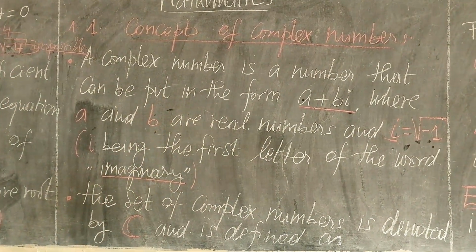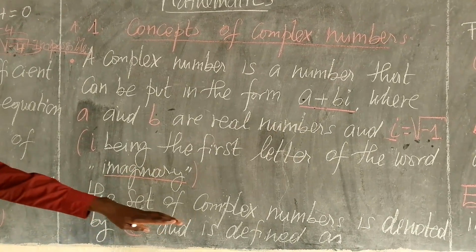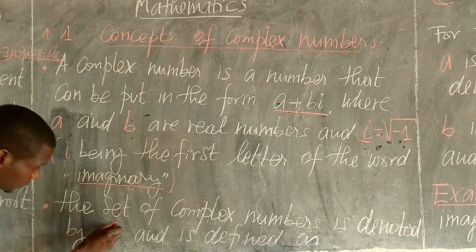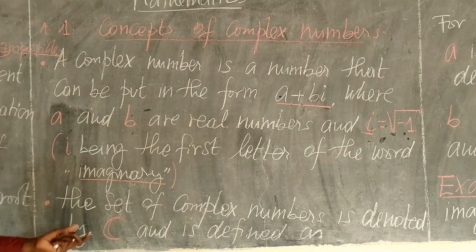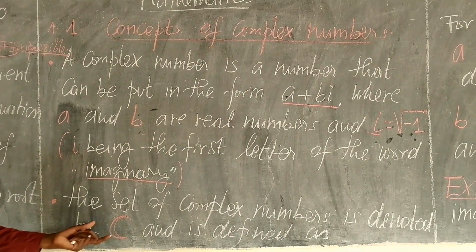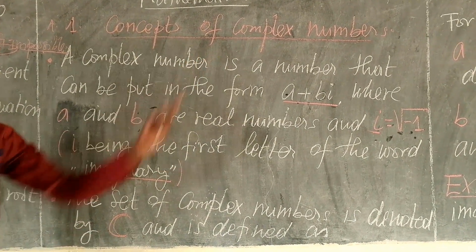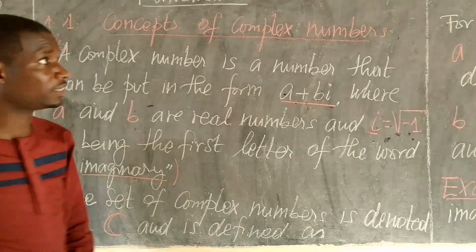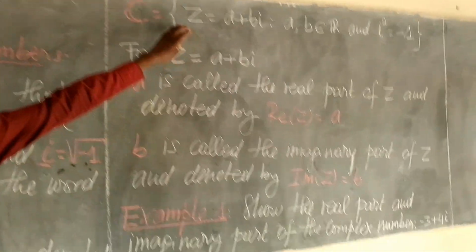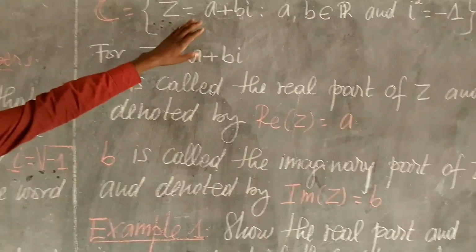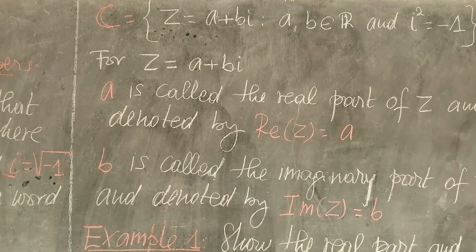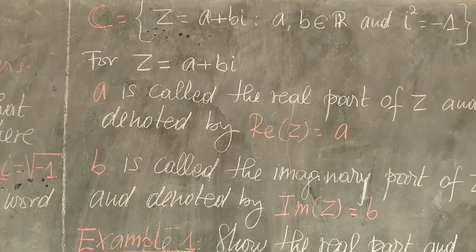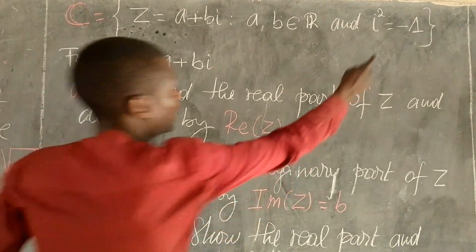The set of complex numbers is denoted by this symbol and is defined like this: z equals a plus bi, where a and b belong to the real numbers, and i squared equals negative 1.